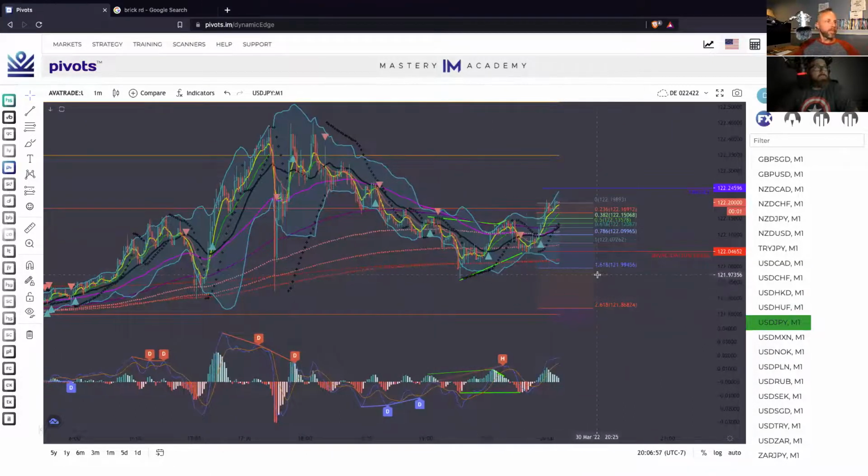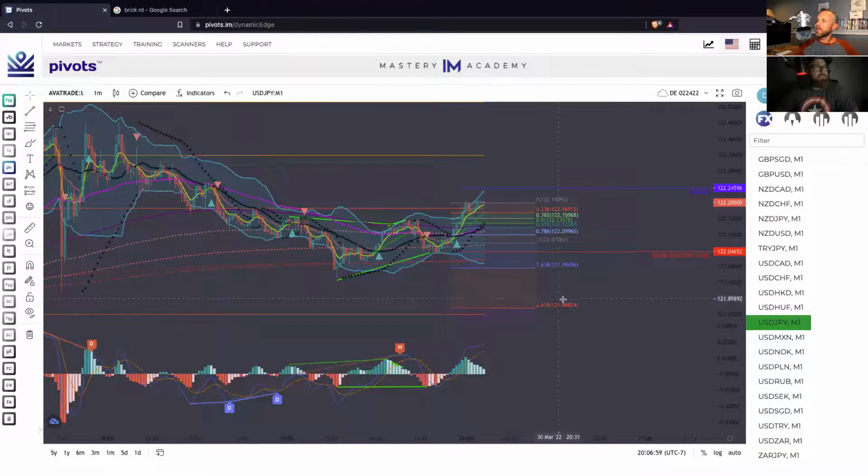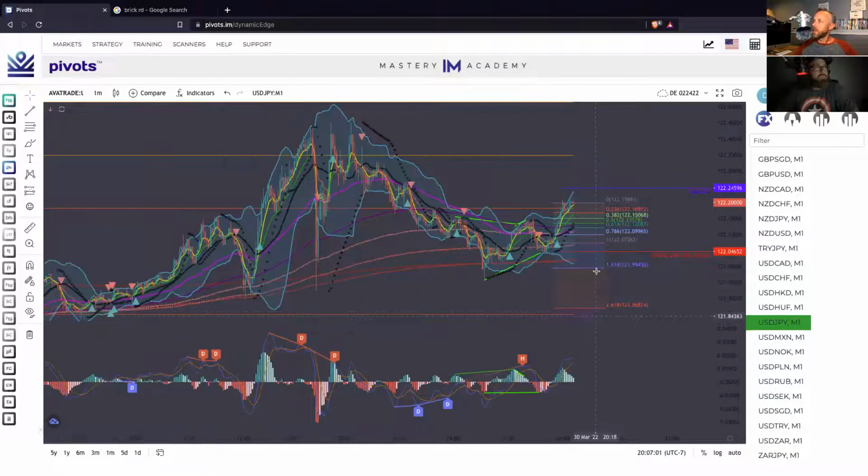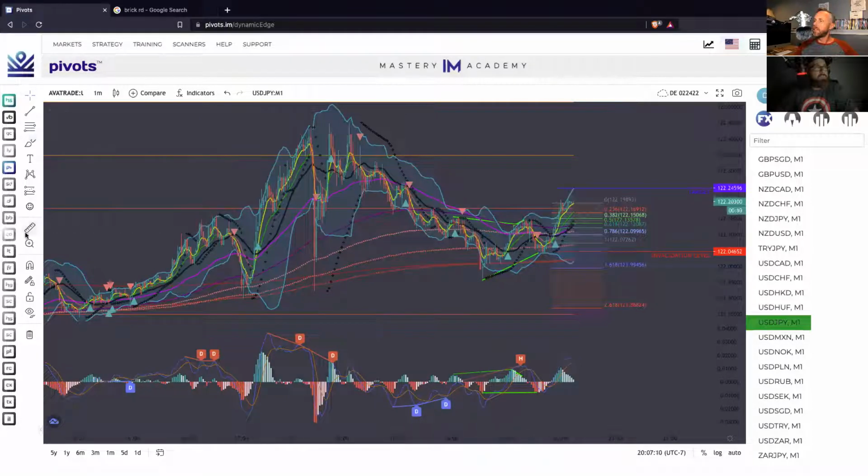I'm thinking you might want to continue buying this. Well, look at those wicks on the bottom. I would stay in a buy on that. We should have taken it from down here, but if you're still in it, you could easily take it back up to at least this line here, 122.3495.